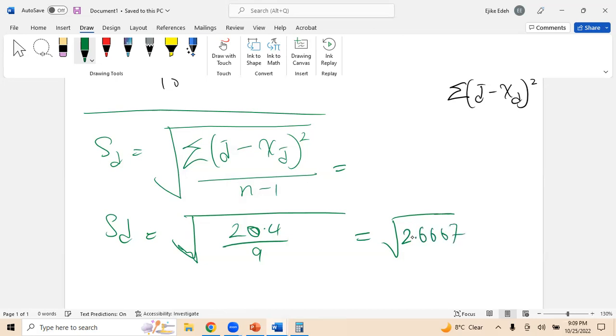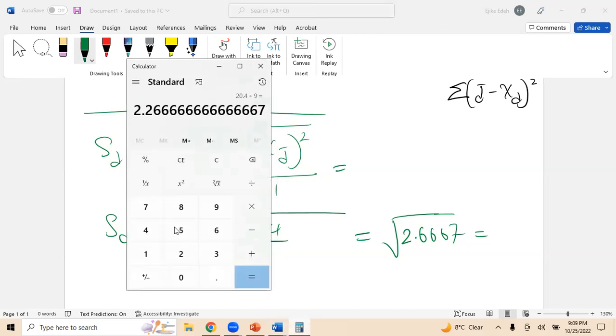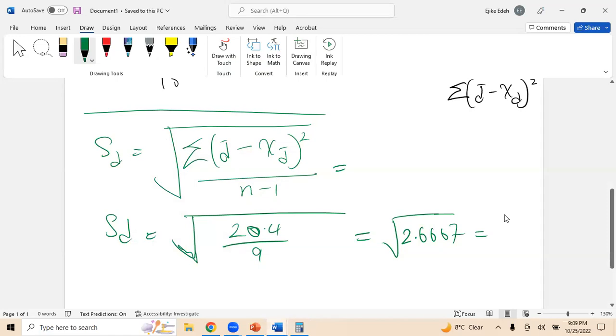Okay, and we're taking the square root to get the final answer. Just press the square root here. That gives us 1.5055. Okay, so here you have 1.5055 as your standard deviation of the difference.